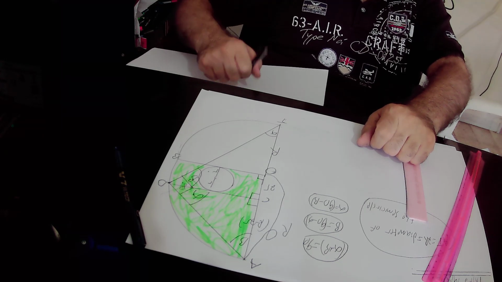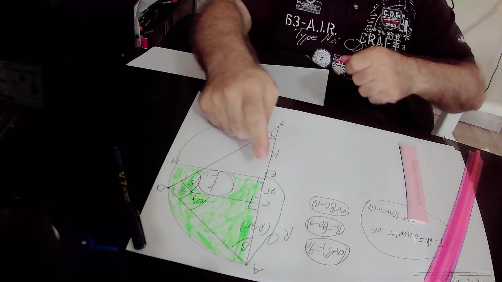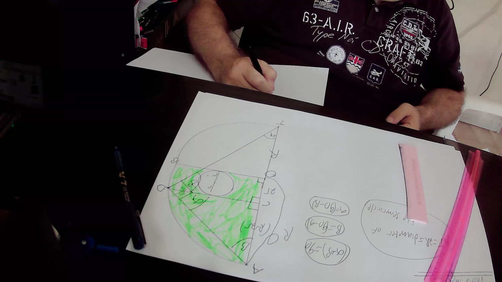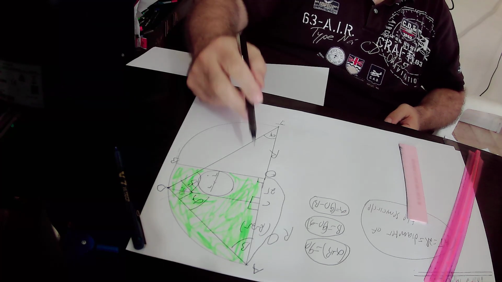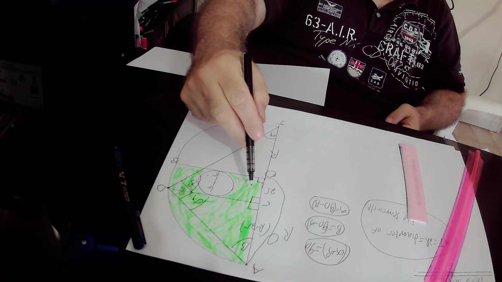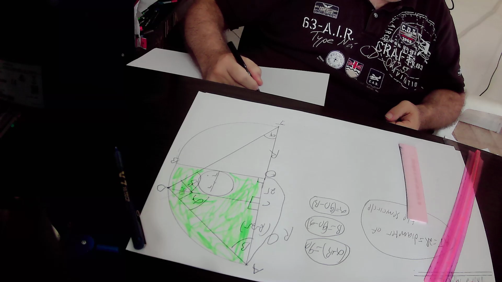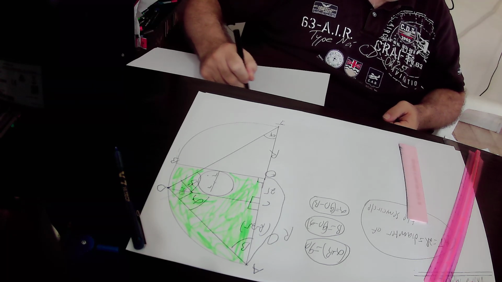And finally, those two angles are both equal to 90 degrees, therefore they are equal to each other. So this angle is angle ACD, that is equal to this angle, that is angle DCT. So they are both equal to 90 degrees, therefore they are equal to each other.